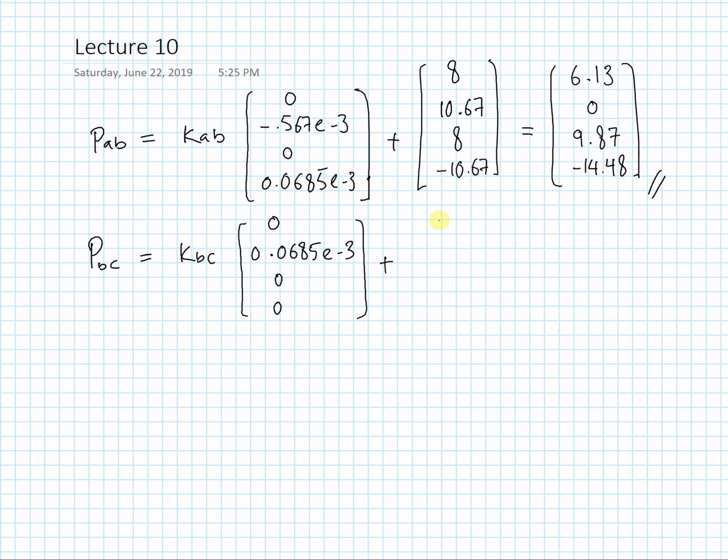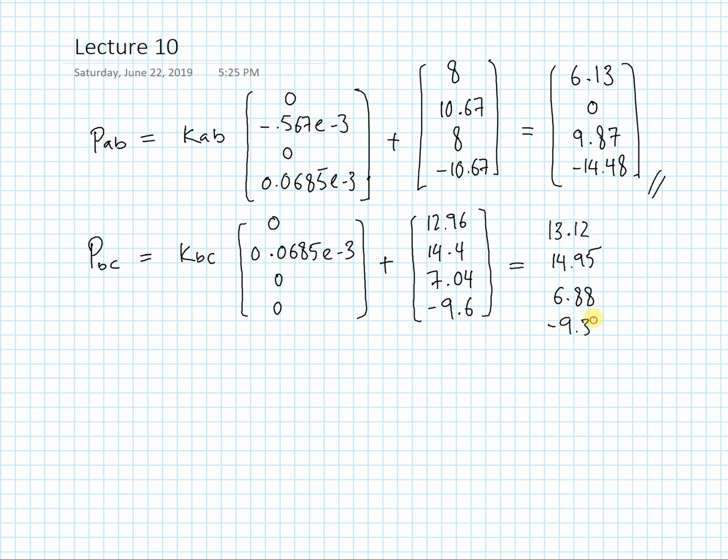Plus 12.96, 14.4, 7.04, and minus 9.6. And again, these are our fixed end forces. And we're going to get a value of 13.12, 14.95, 6.88, and minus 9.33.